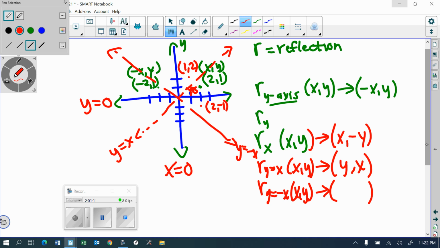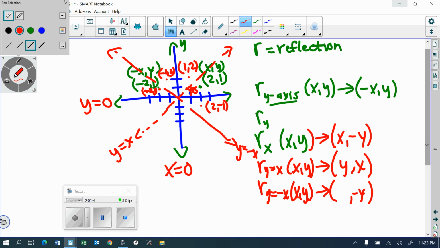Okay, so if you're having difficulty, pick one that's right near it. So negative 2, 1, and that reflects right there to negative 1, 2. Negative 2, 1 is my original. What happened? The x became the y, and it switched the sign.